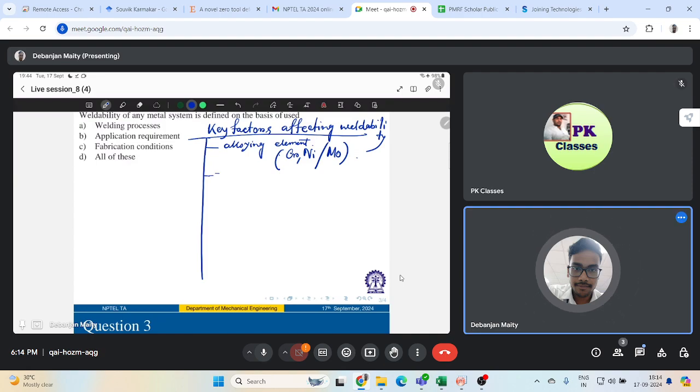Then there are thermal properties like thermal conductivity or thermal expansion coefficient.